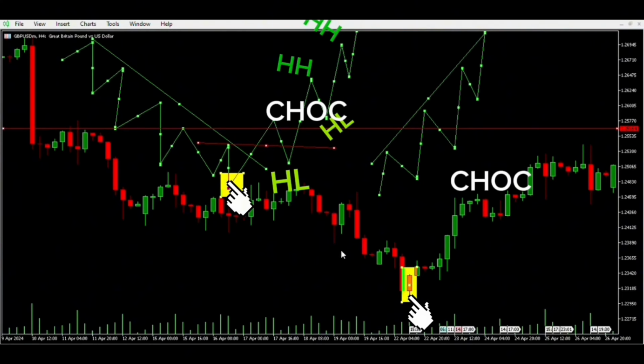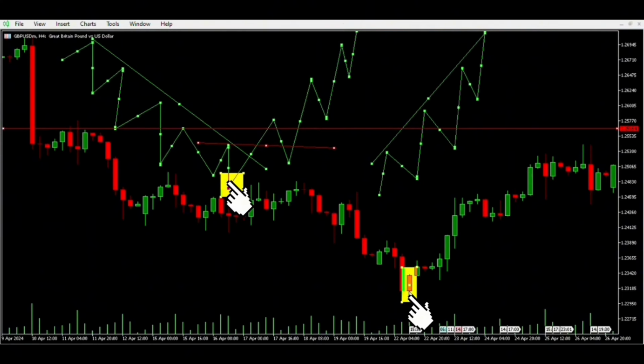The structure is bearish, making lower highs and lower lows. But after this lower low, the structure changed, and it took out the first lower low. Take a look at your left. The structure moved and passed the first lower low. And then it gave us a lower high right here.